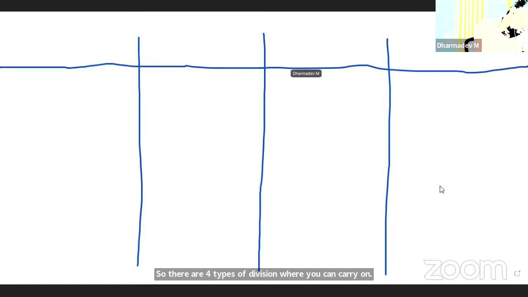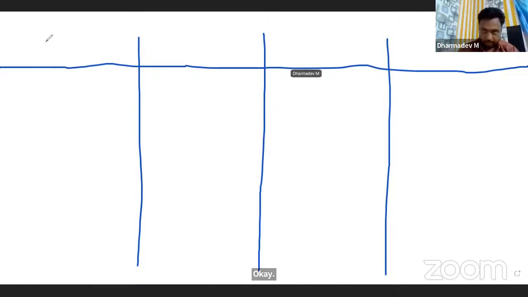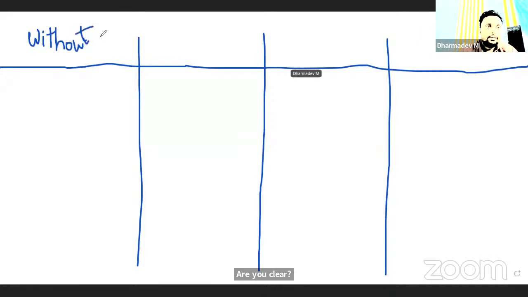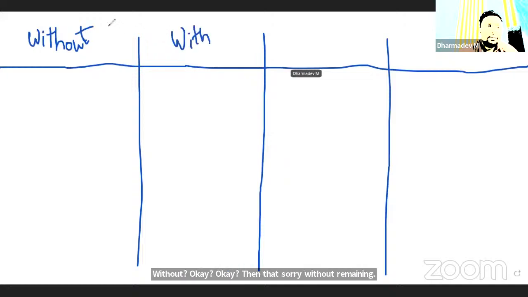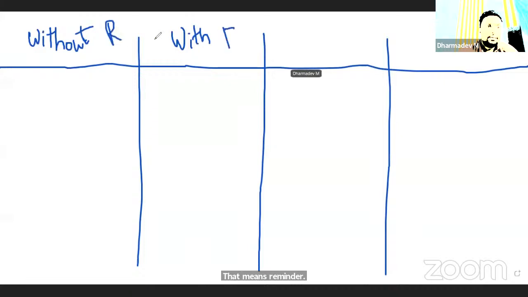Okay, until this, are you clear? Without remainder, that means remainder 0 here, and with remainder here.